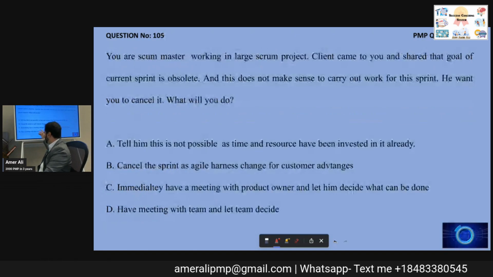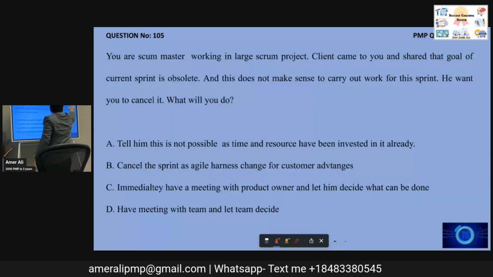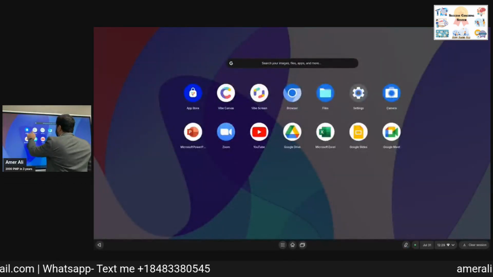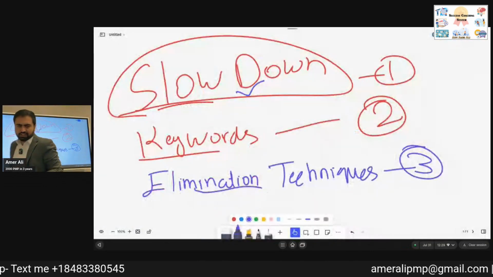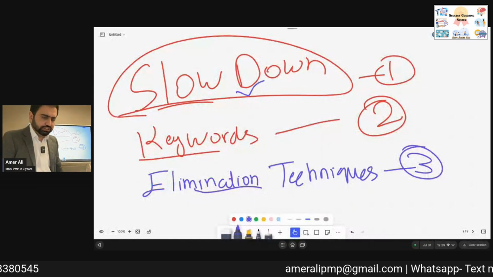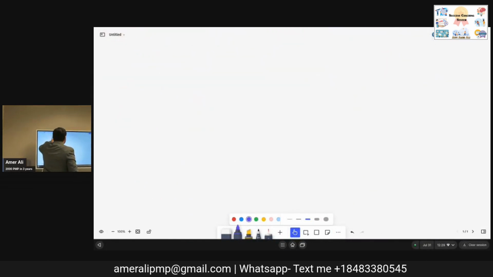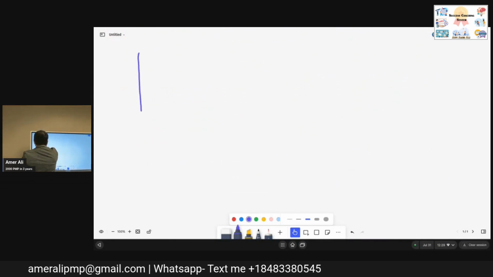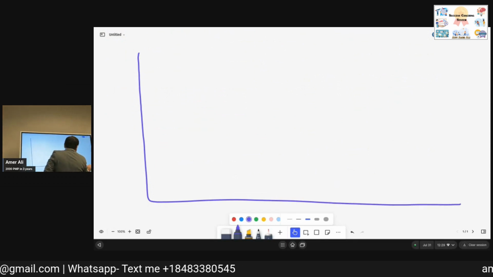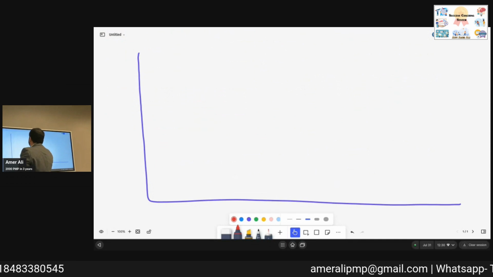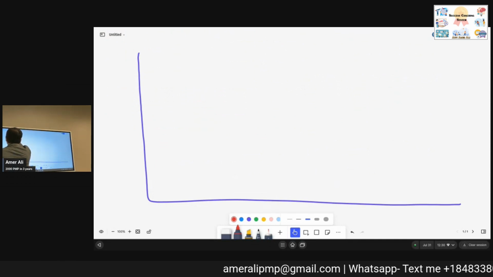Okay. Let me explain to you. Let's quickly move towards these information radiators, different types, whatever the questions may come, let's work that way. So let's say this is a burn down chart. Okay, that's a burn down chart.